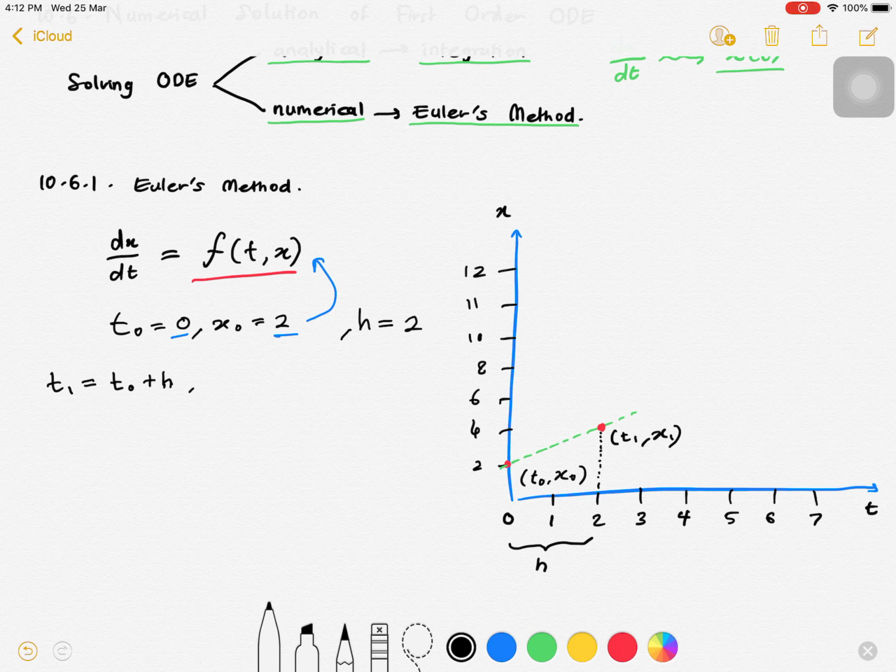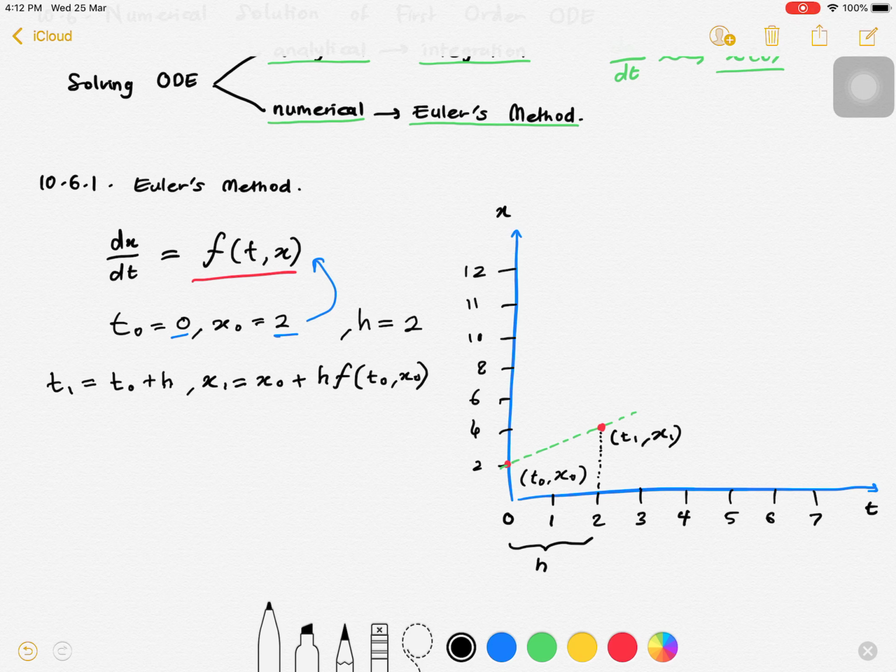Simple, right? And how do we know what x1 is? x1 is equal to x0 plus h f, this gradient function, at t0, x0.